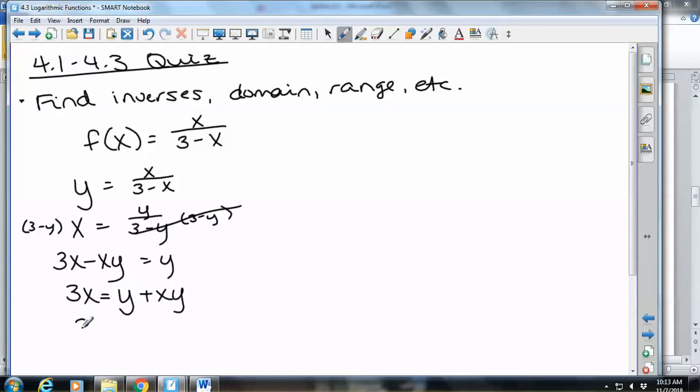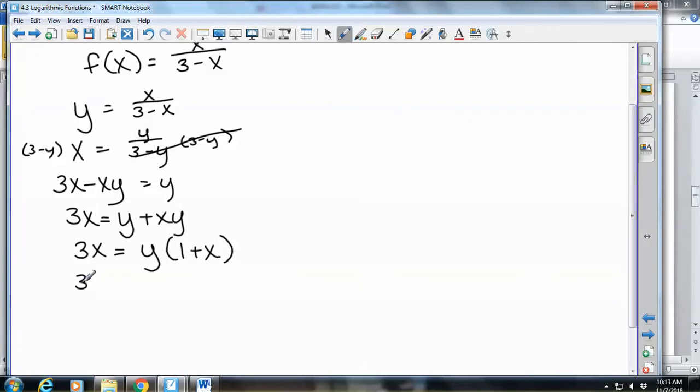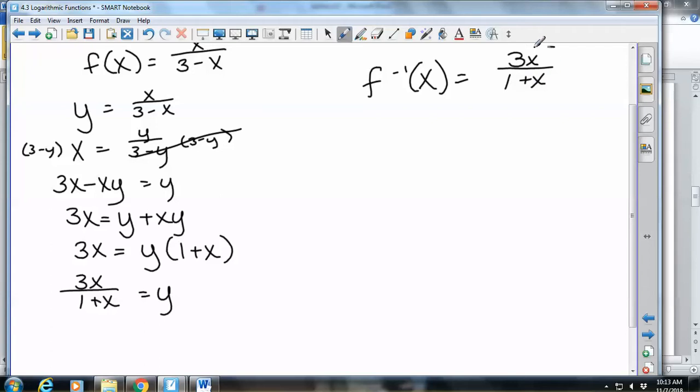Then what could you do? Factor out a y. Divide. Final step, instead of y, you have to use the inverse notation. So f inverse of x is 3x over 1 plus x. Okay, you found the inverse.